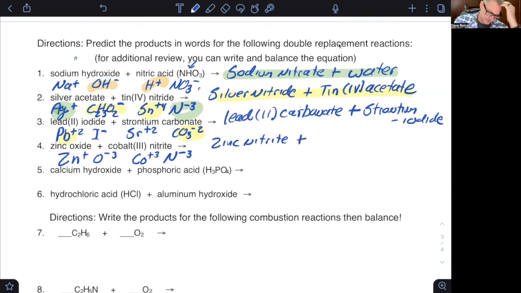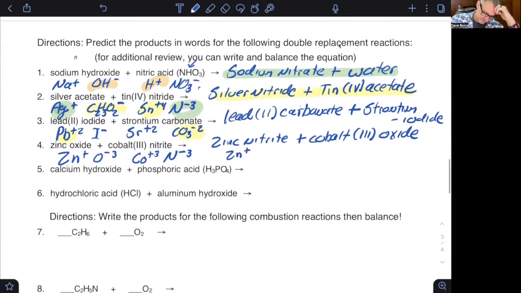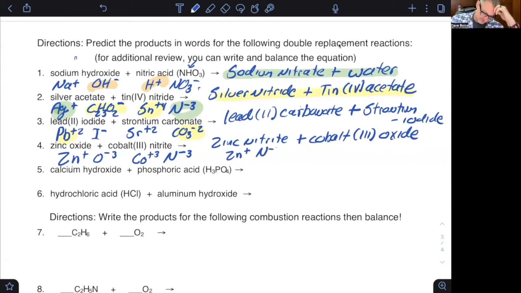Plus cobalt III, and that's going to bond to oxygen. So cobalt III oxide. Just as a review, let's take a look and see how that would go together. You have zinc with a positive, you have your nitrogen, N -3.